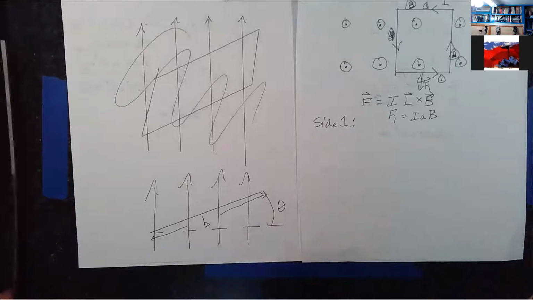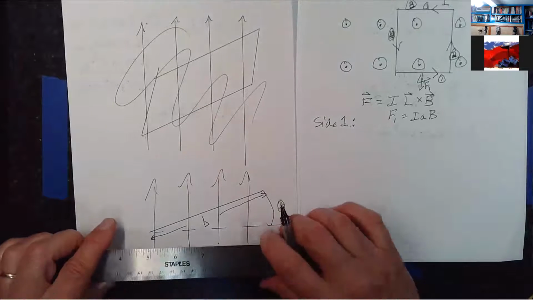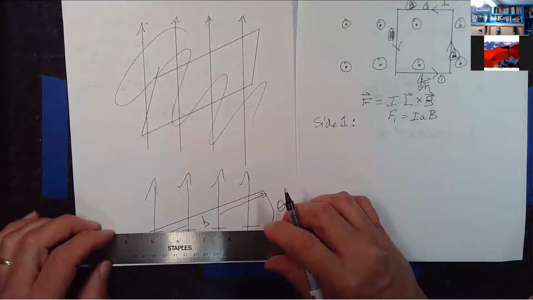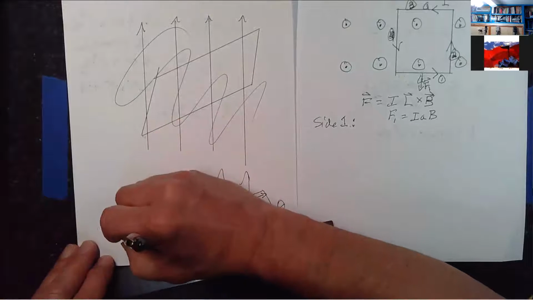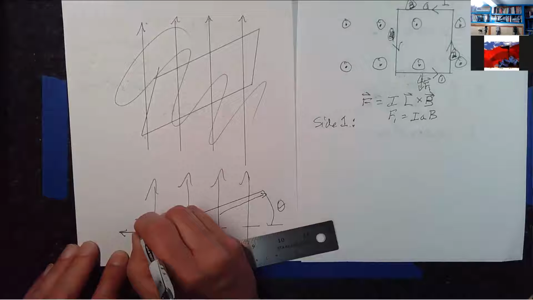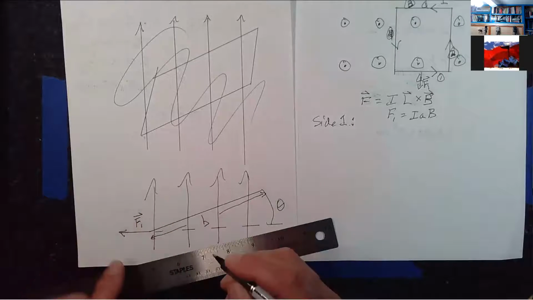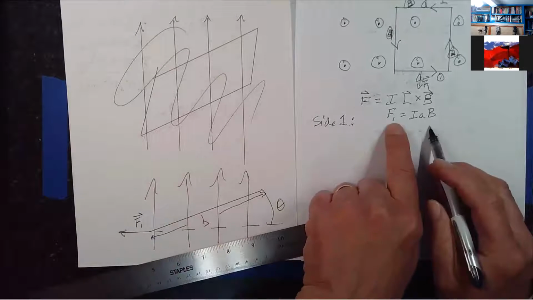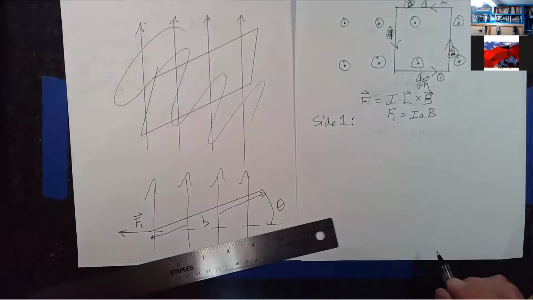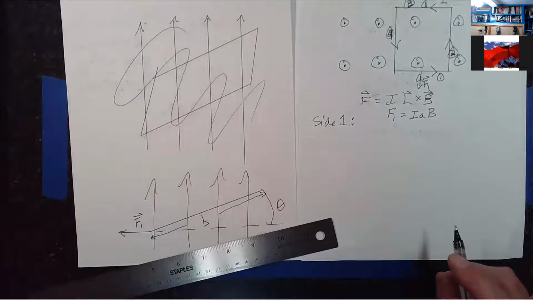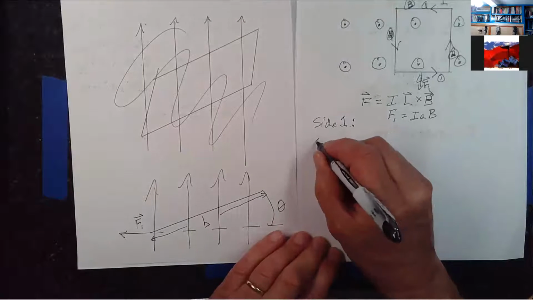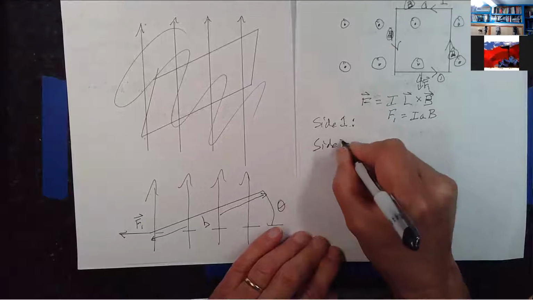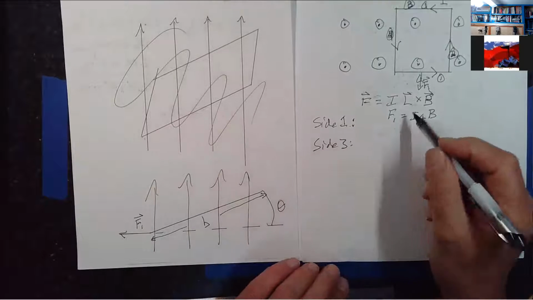If I sketch the direction of that force on this diagram here, it'll be in this direction. So here is F1 in that direction, and it has a magnitude of IAB. So there's that. Now F3 up there is going to have a force of the same magnitude.